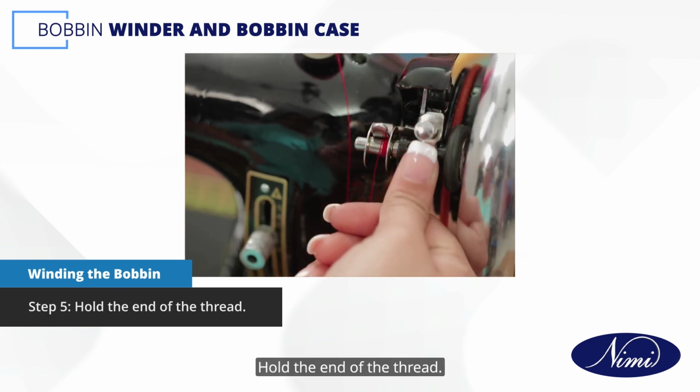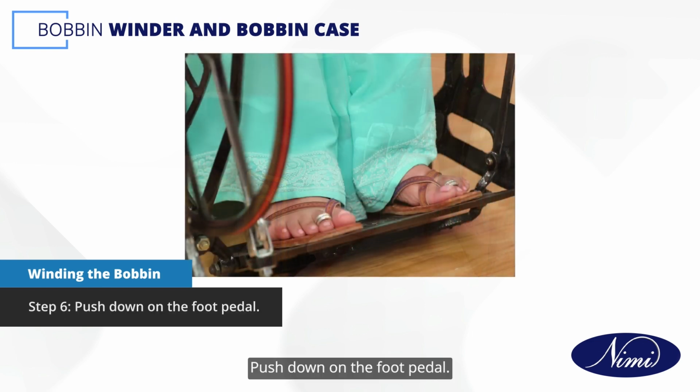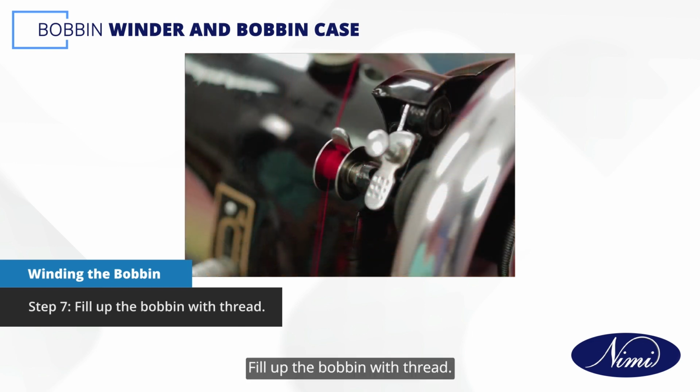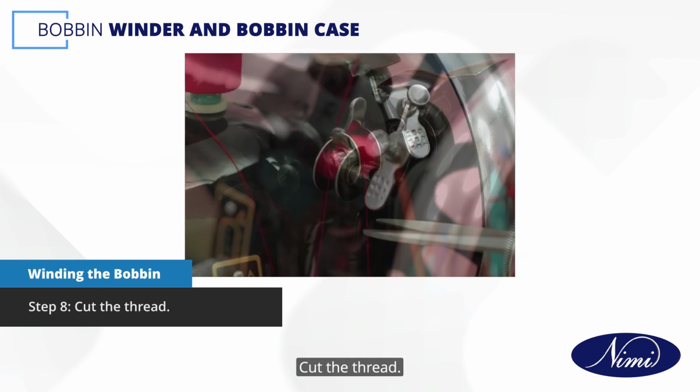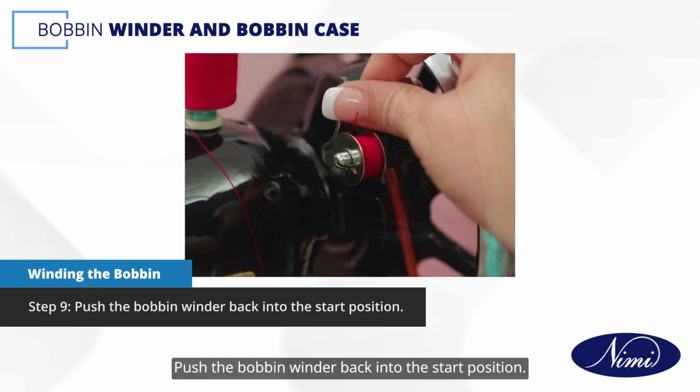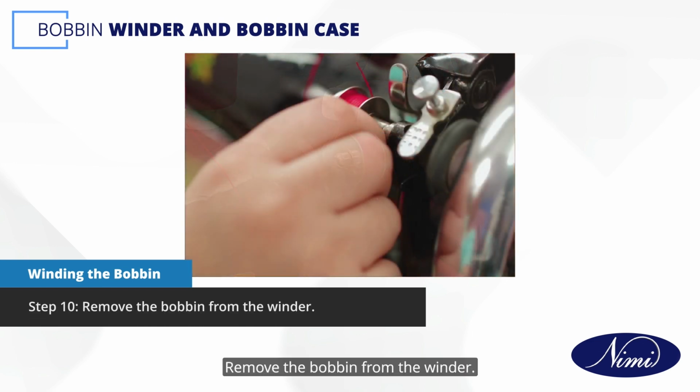Hold the end of the thread. Push down on the foot pedal. Fill up the bobbin with thread. Cut the thread. Push the bobbin winder back into the start position. Remove the bobbin from the winder.